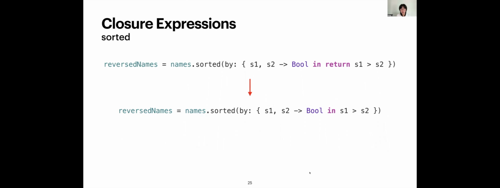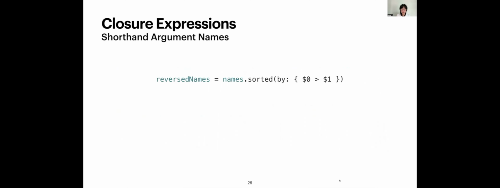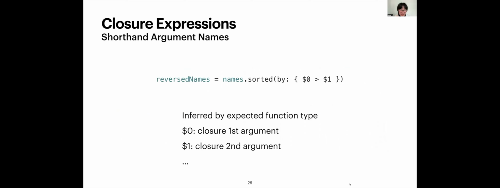So now s1, s2 in s1 > s2, and we can go even further using shorthand argument names. Swift provides shorthand argument names for inline closures. So $0 refers to the first argument, $1 to the second, $2 to the third, and so on.